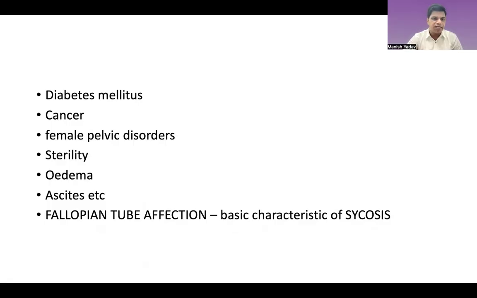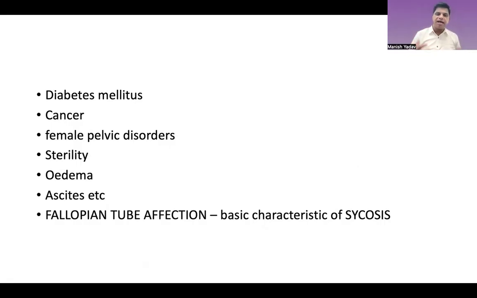And last but not the least, very important is fallopian tube affections. A basic characteristic of psychosis. You will find in today's world so many female patients affected with fallopian tube affections. So this comes in the range of psychosis.